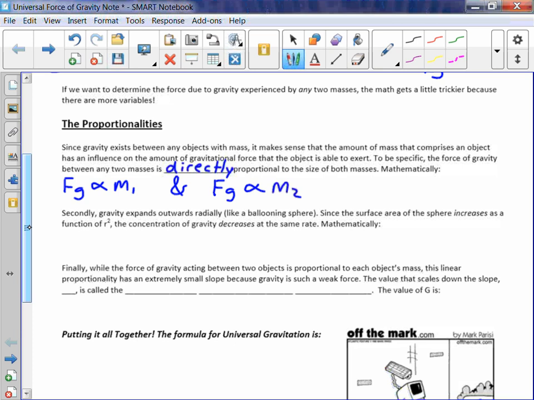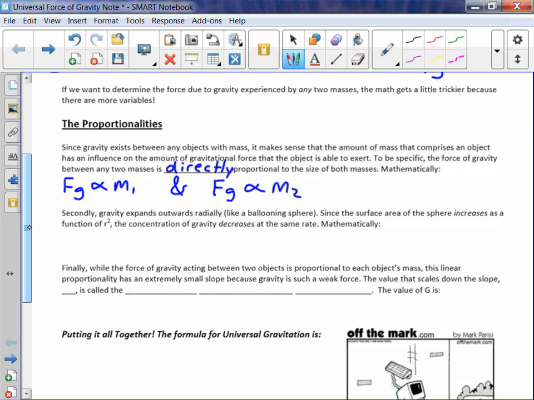Now, expressing gravity as a concentration is not really what it is, but if you have a finite number of arrows leaving a single sphere, and you actually count the number of dots at those arrows where they pierce the surface of the sphere, then as the sphere gets bigger, it's a function of 1 over r squared. So as you double the radius of the balloon, then you quadruple the surface area of it.